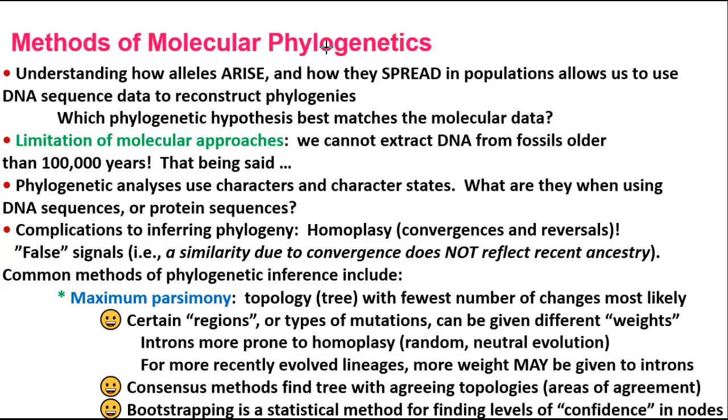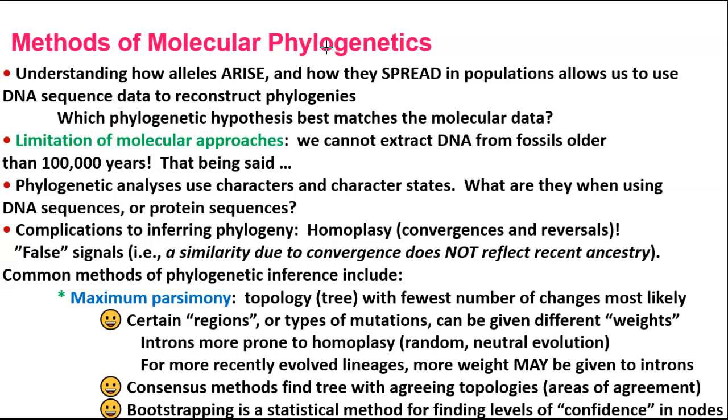So what that means is that phylogenetic biologists do not use introns for looking at older lineages that have been around for a long time, because introns change a lot. Instead, we use exons. They tend to be more conserved. They tend to not change as quickly.